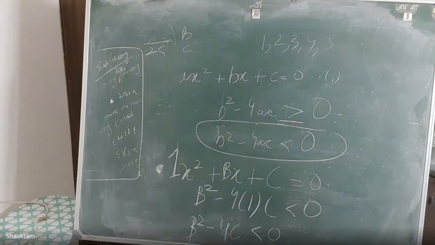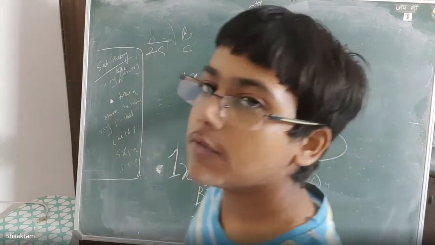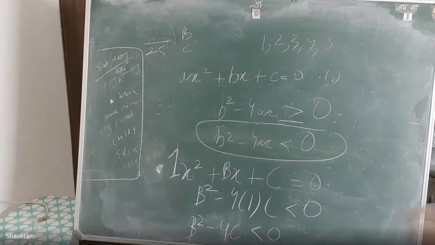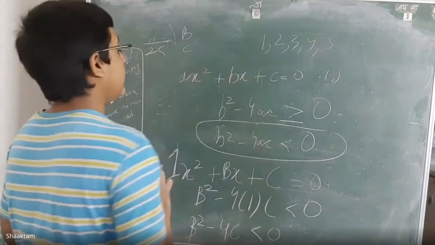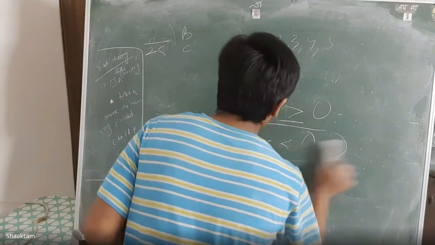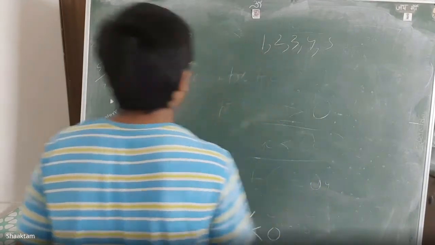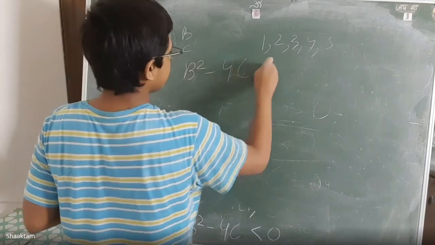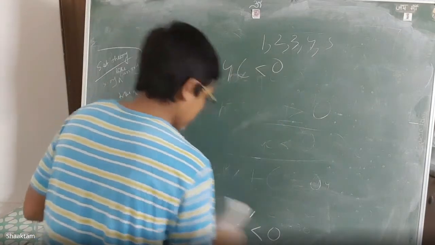Now, B can be 1, 2, 3, 4, 5. That has been given by the question. C can also be 1, 2, 3, 4, 5. That has been given by the author of this question. So I'm erasing this and writing what is important: B square minus 4C has to be negative.